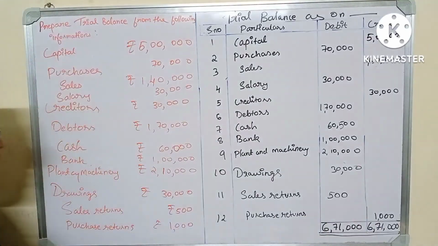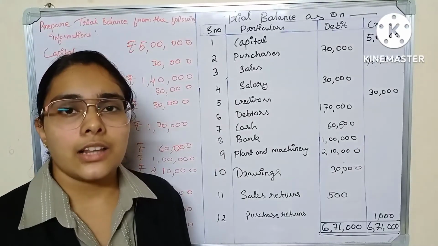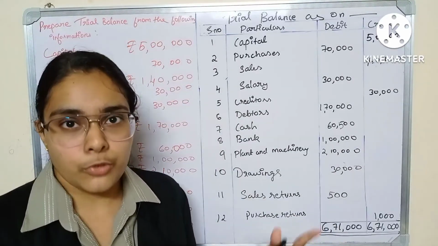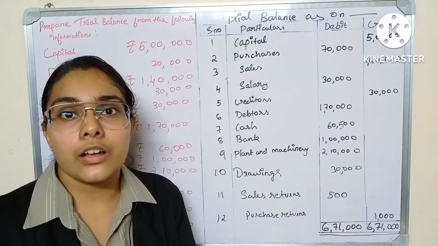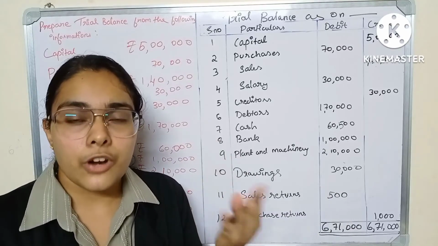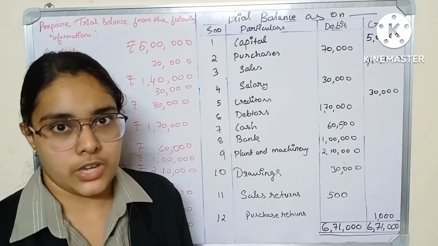Next we have purchase return. Purchase return is 1,000 rupees. It is just opposite to purchase. Something you have purchased was not of good quality maybe, so you have returned it to the person whom you have purchased from.